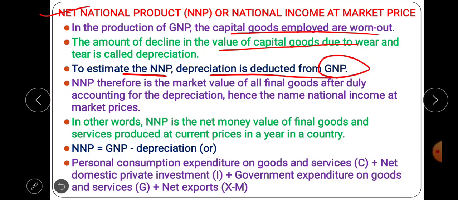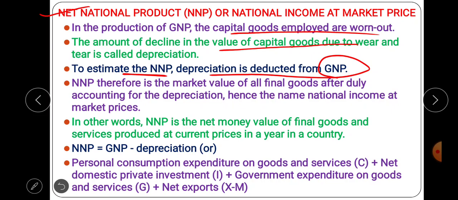So, while producing the goods and services, whatever capital goods are utilized are going to be worn out, and this decline in the value of the capital goods due to wear and tear is called depreciation. When this depreciation is deducted from the gross national product, it is called net national product.